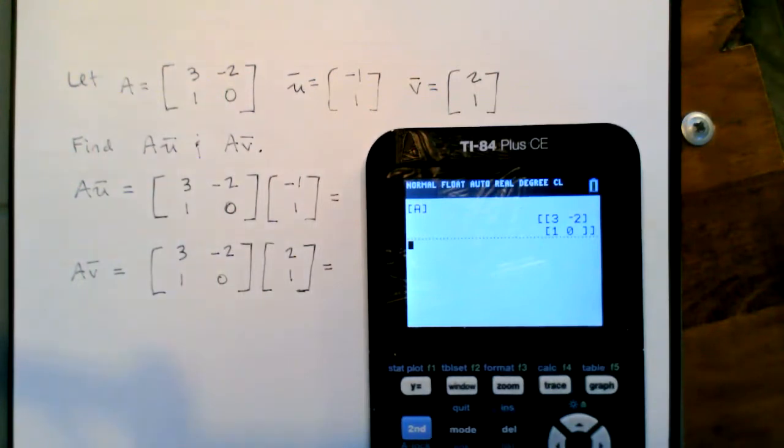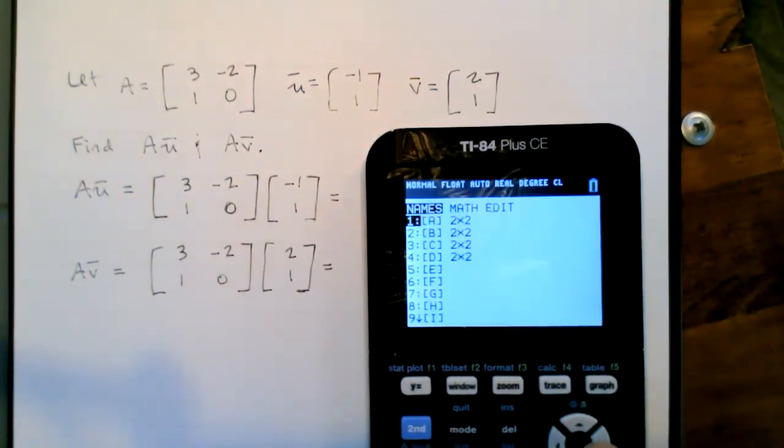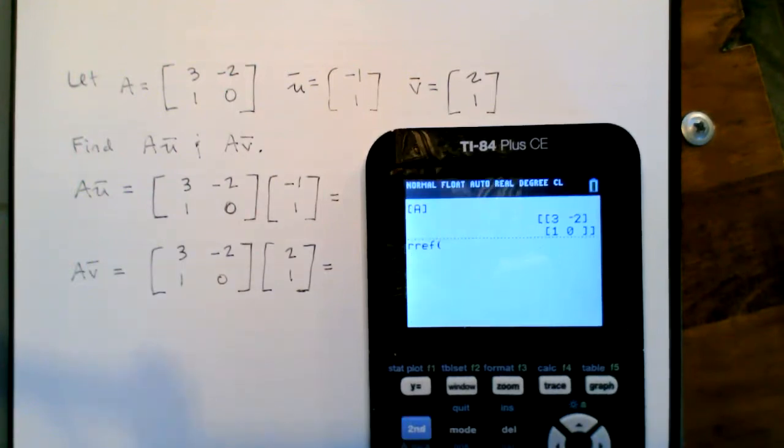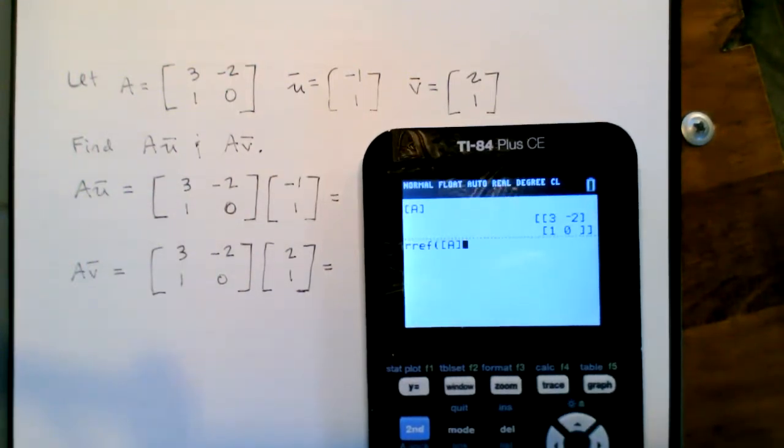So for example, if I wanted to find the reduced row echelon form of the matrix A, I can get the reduced row echelon form of A. And so we see that A is invertible because it's row equivalent to the identity matrix. That means the columns 3, 1 and -2, 0 form a basis for R2 because it's a linearly independent spanning set for R2.